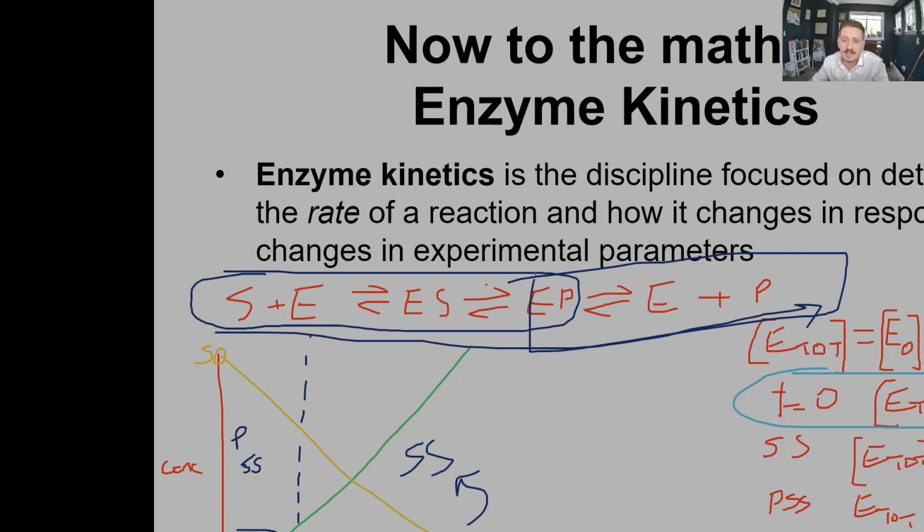In a biological setting, the enzyme rarely gets saturated, and so, sorry, it does get saturated, but in a biological setting, we're not really interested in that so much. We just want to know how this initial part works, because that can tell us things about how to improve drugs and drug binding and inhibitors and things like that.